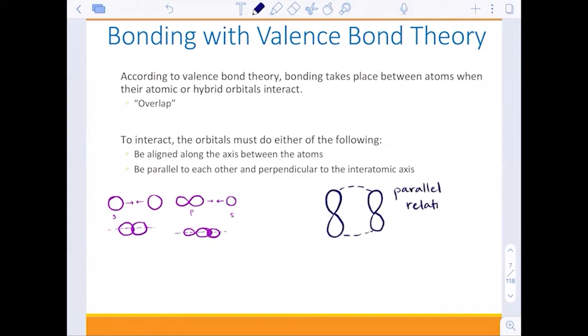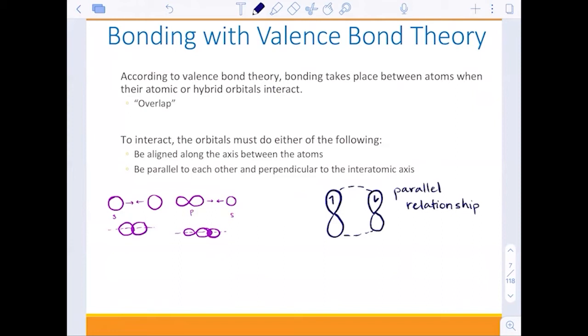Now, when 2 p orbitals align like this, they should have one electron in each, and they should be attracted to each other. But notice how they're not technically touching. I call this a high school relationship. Not holding hands. I know I'm in a relationship with you, but I'm not going to touch you.